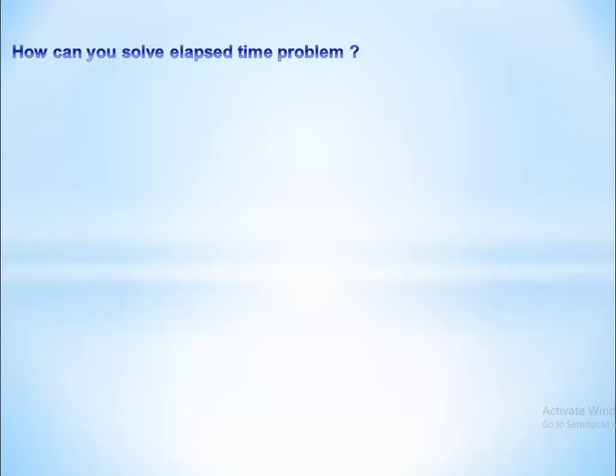How can you solve an elapsed time problem? Do you remember in third primary we talked about elapsed time? Okay, 65 minutes. We can decompose 65 minutes to be 60 and 5. 60 means 1 hour and 5 minutes.